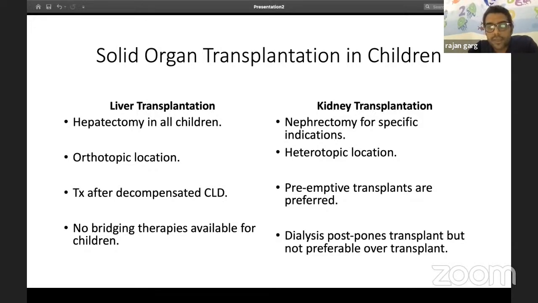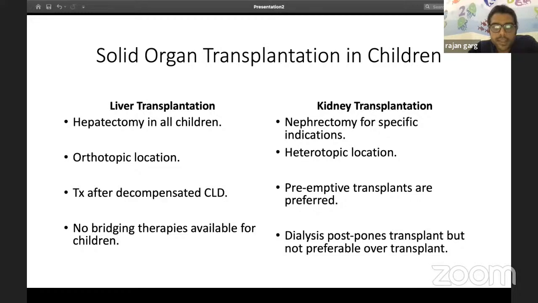But not every patient who has chronic liver disease will have a decompensated CLD. He may or may not need a transplant in future, and he may or may not get into a stage of decompensation.